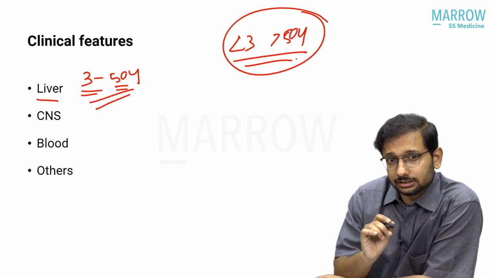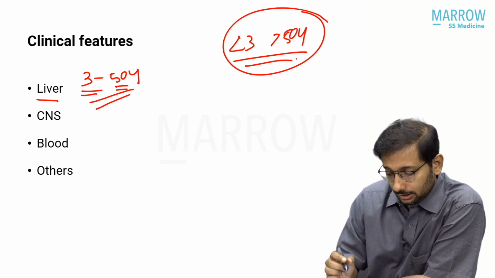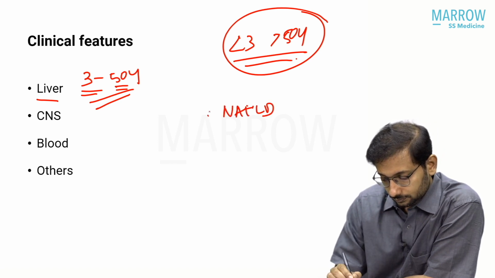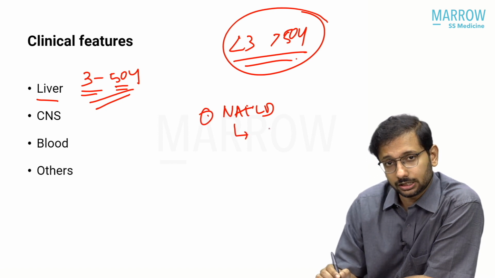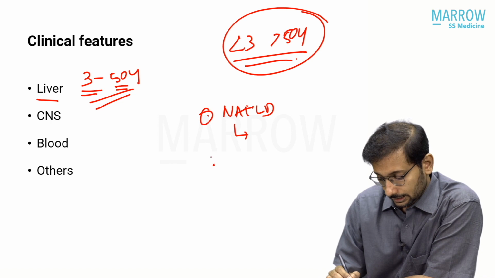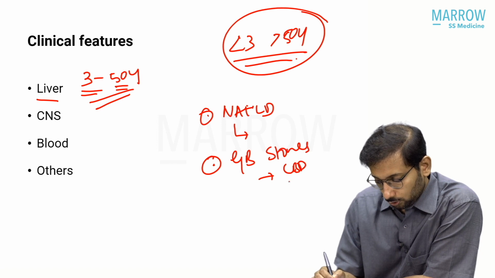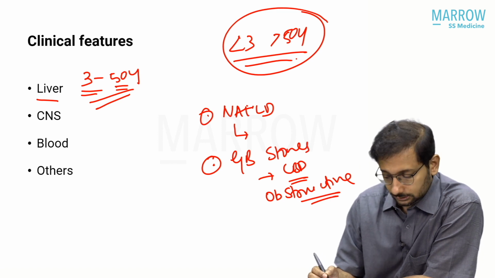The other liver diseases which Wilson's disease can mimic include non-alcoholic fatty liver disease. So any child with steatosis on ultrasound should be screened for Wilson's disease. Gallbladder stones leading to common bile duct stones causing obstructive jaundice, evaluate for Wilson's disease.